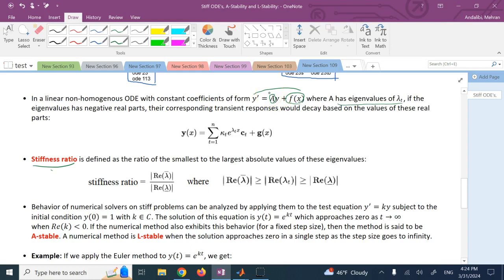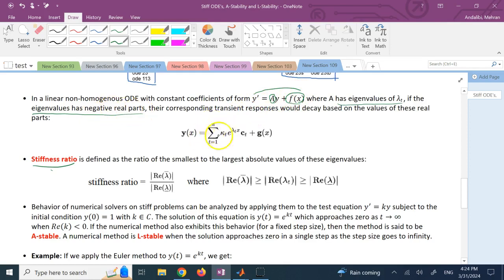Now, you know that if all of the eigenvalues of A have negative real parts, whether they are real negative or complex with negative real part, then the system is stable, meaning the value of y of t does not go to infinity as t goes to infinity. It stays limited, most of the time converges to 0, especially if it has negative real parts.